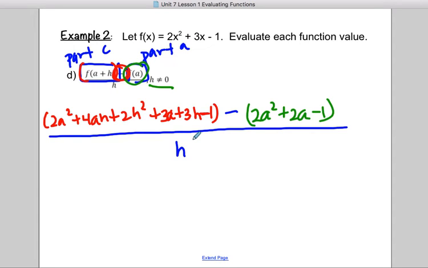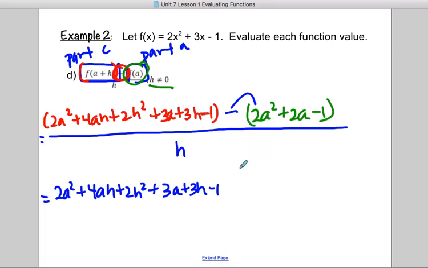Okay. So we are going to go ahead and distribute our negative, and then we're going to see if anything cancels. So this equals, and then the first part will stay the same. I'm not changing that at all. So just rewriting. Minus 2a squared minus 3a plus 1.